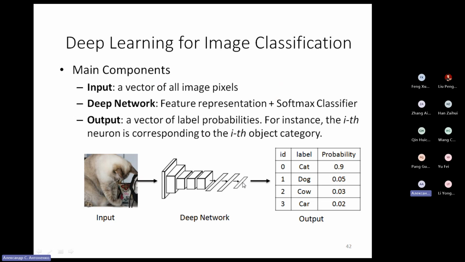On the last layer, we have a softmax classifier. After the softmax classifier, we have a vector of label probabilities. For this picture, for example, the probability of cat is 0.9 or 90%, dog only 5%, cow only 3%, and car only 2%. So we decide that this is definitely a cat.